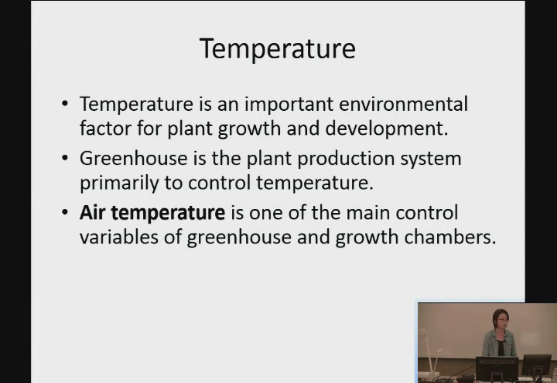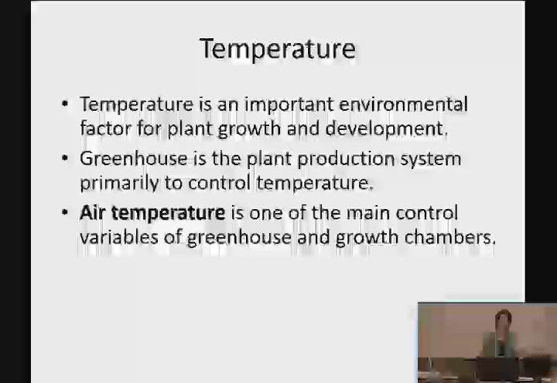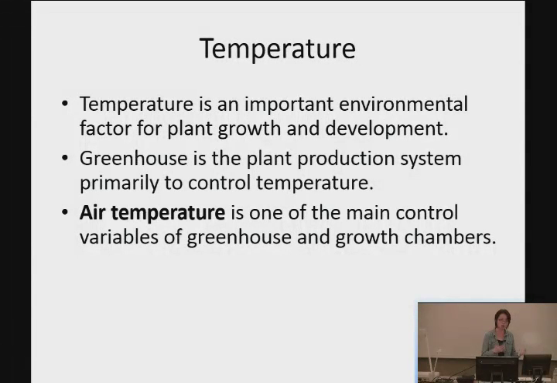Plants are in the optimum range of temperature. If you remember, greenhouse technology was originally developed as a season extension by maintaining temperature a little bit warmer, particularly during winter time, when outside is way too harsh, too cold, to grow plants.